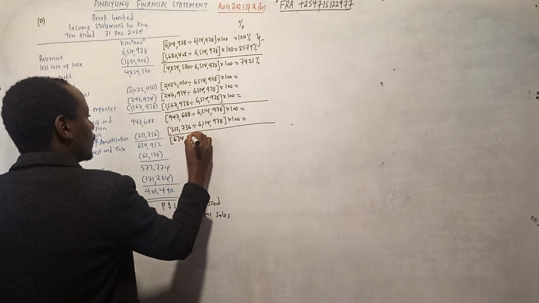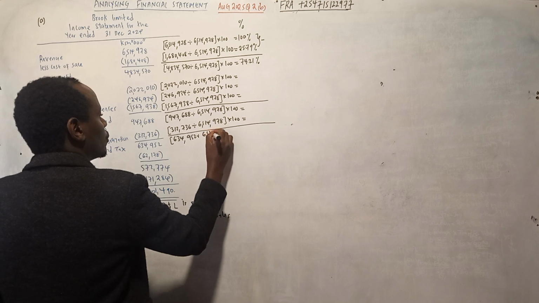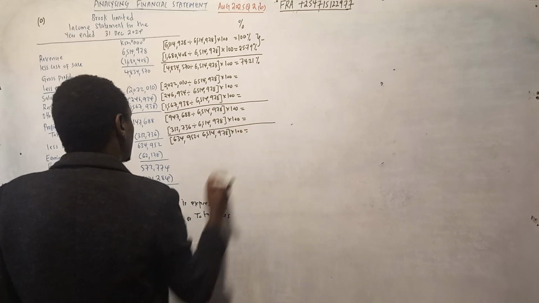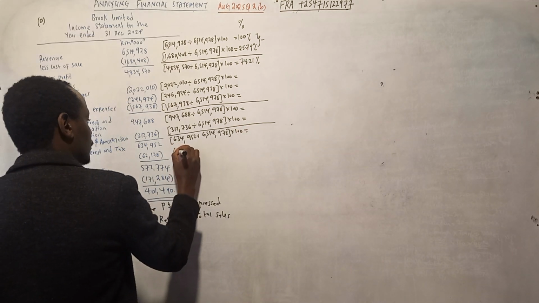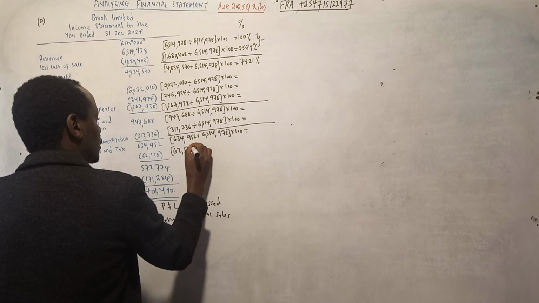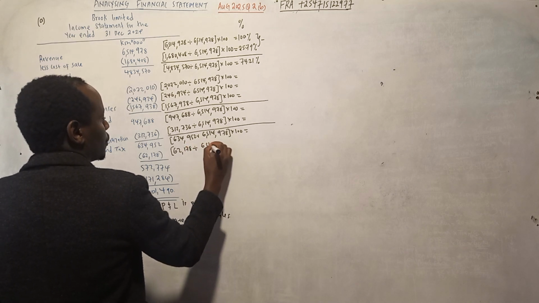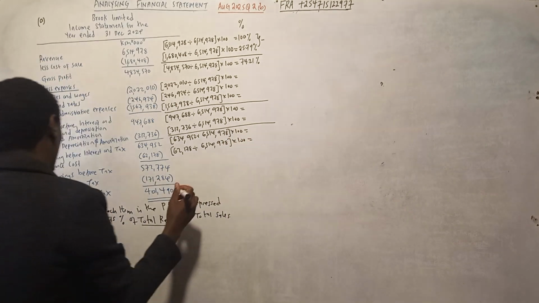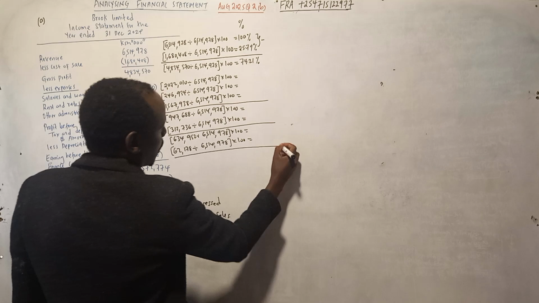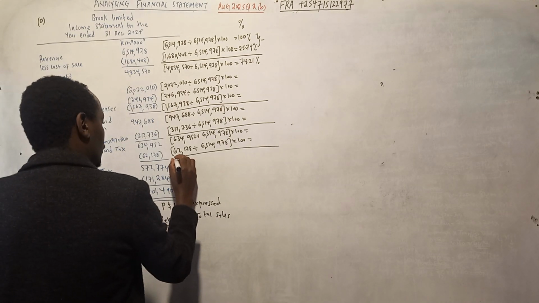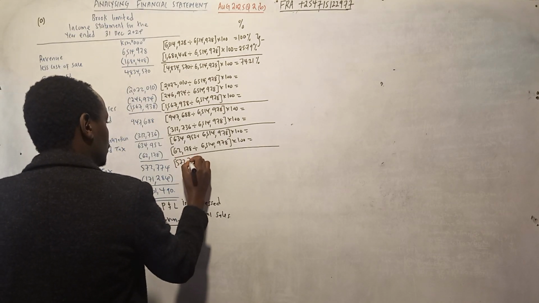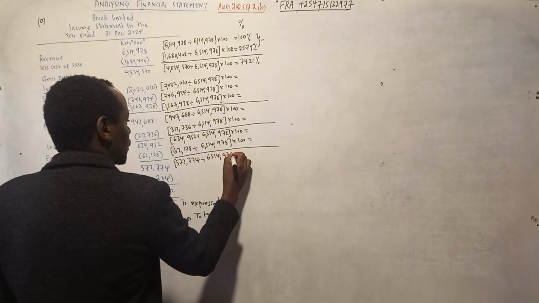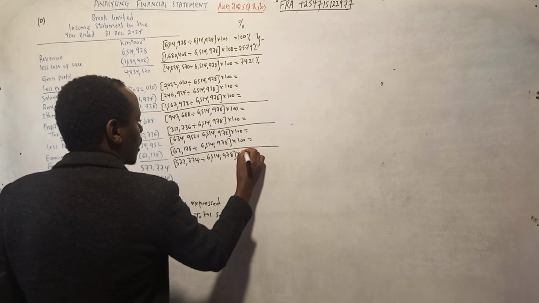Then we get 634,952 divided by 6,514,978 times 100. Then we deduct 62,178 divided by 6,514,978 times 100. We get earnings before tax in terms of percentage: 572,774 divided by 6,514,978 times 100.